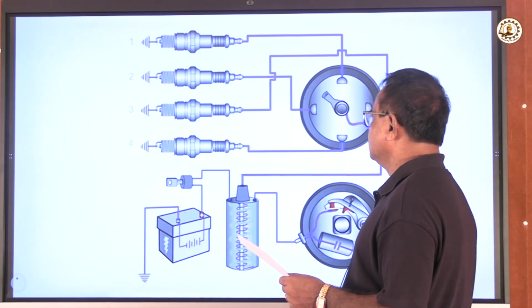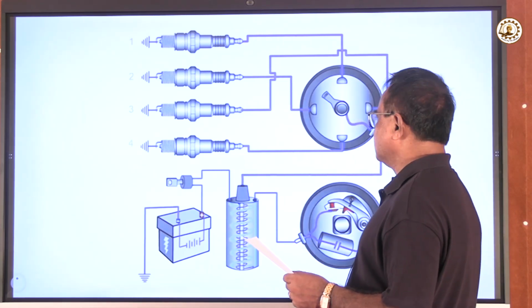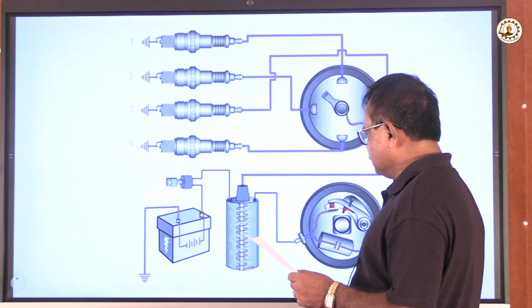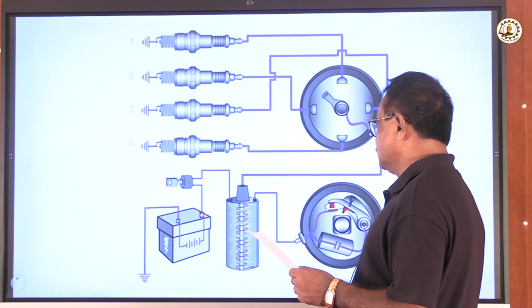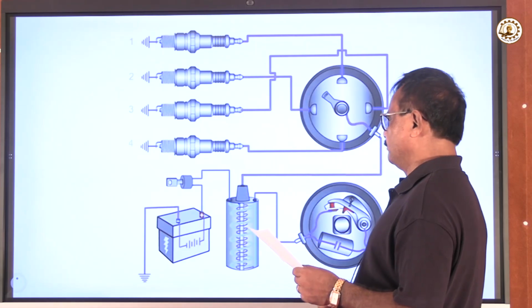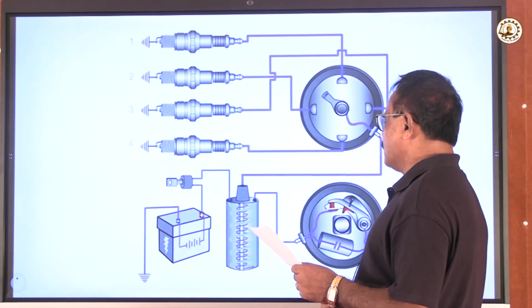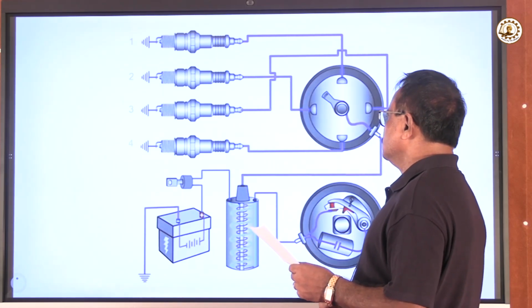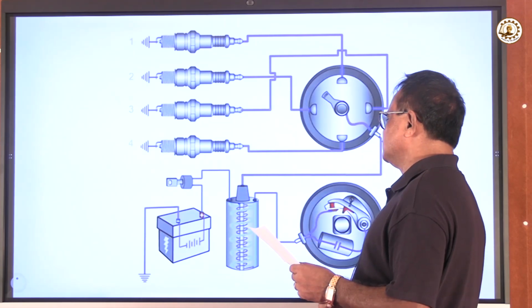So you have seen how an automobile car is given power by the prime mover. But to start the prime mover, we need some electric system. So that electric system, how it works and how its ignition system works, because this is a petrol engine.